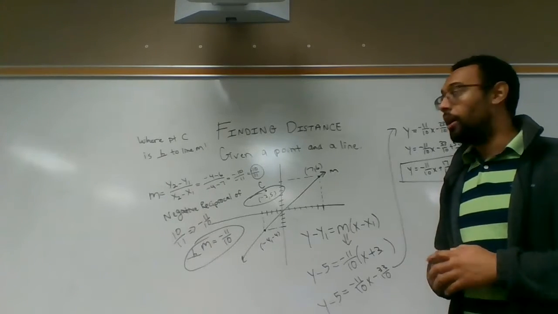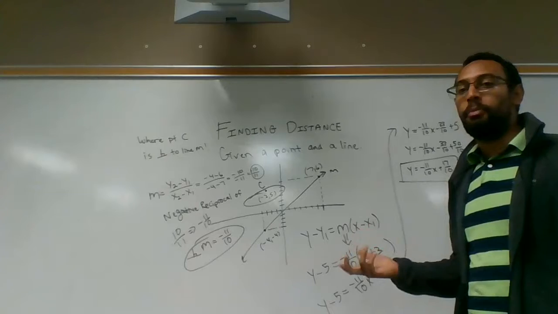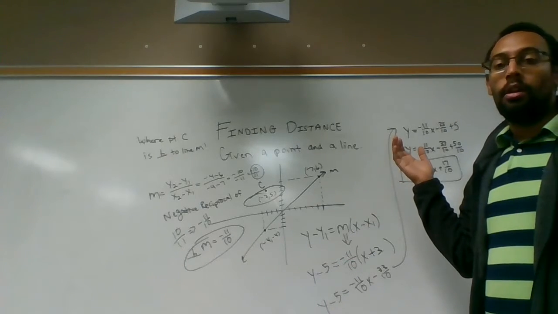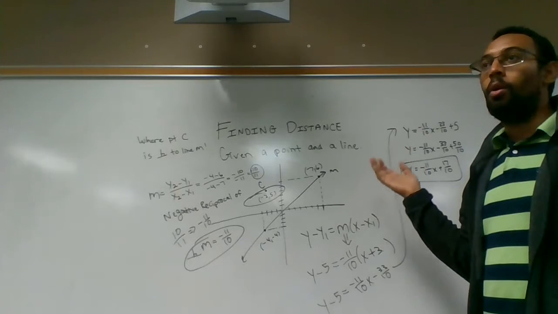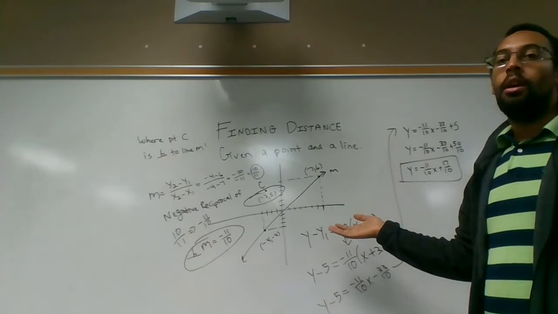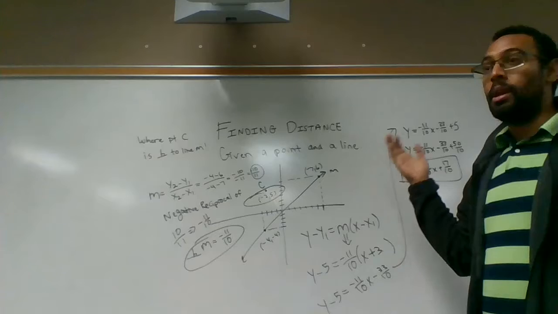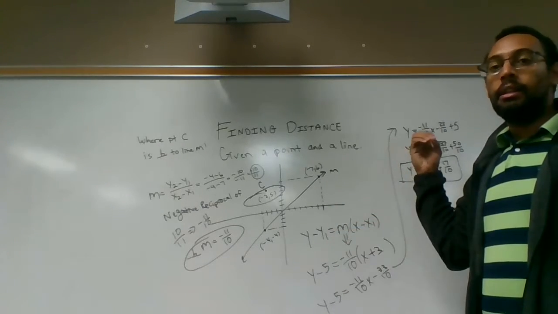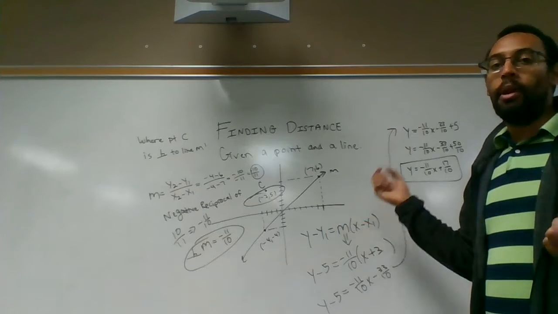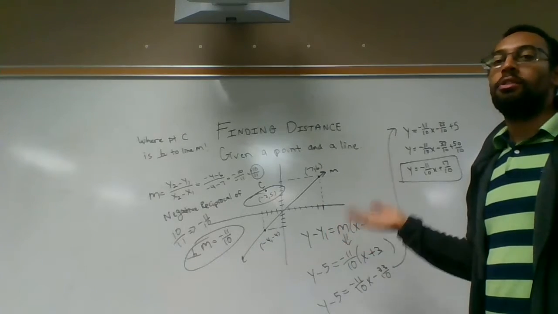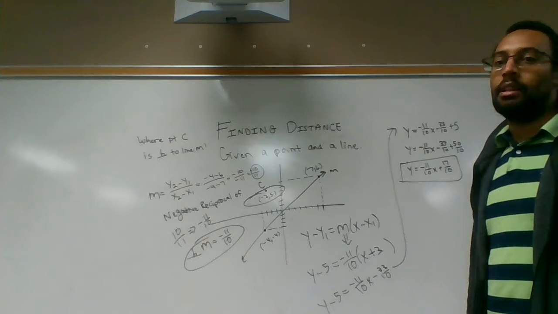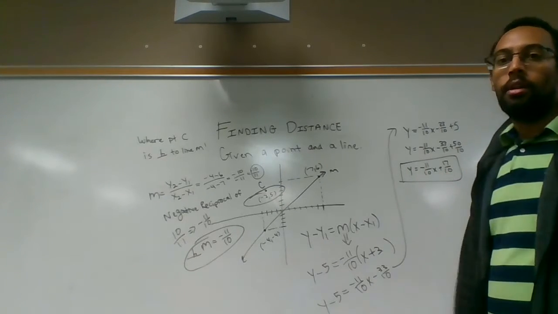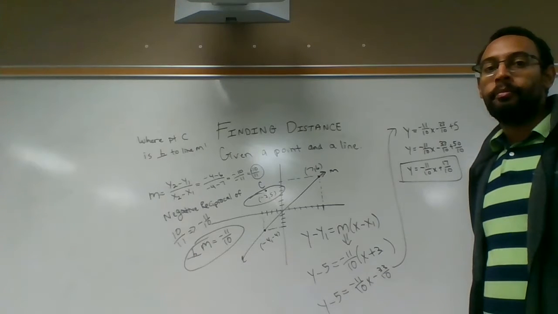This is a new thing, but you're expanding on your understanding of equations of lines. So we just started with slope intercept, we moved up to standard, and then we included point slope. Point slope is not used a lot, but it is very useful if you're given a slope and a point. If you know those two things, you can use point slope form, and you're just doing basic algebra to get slope intercept form.